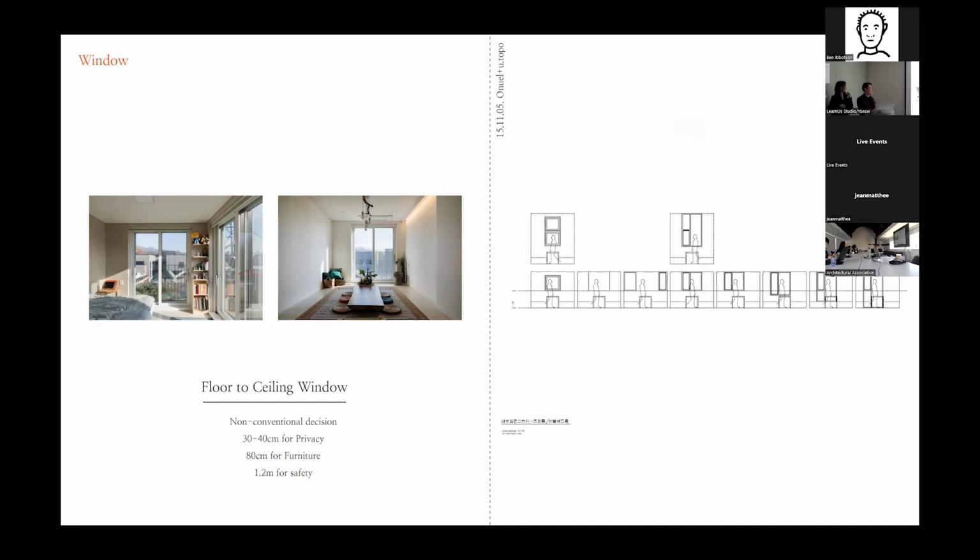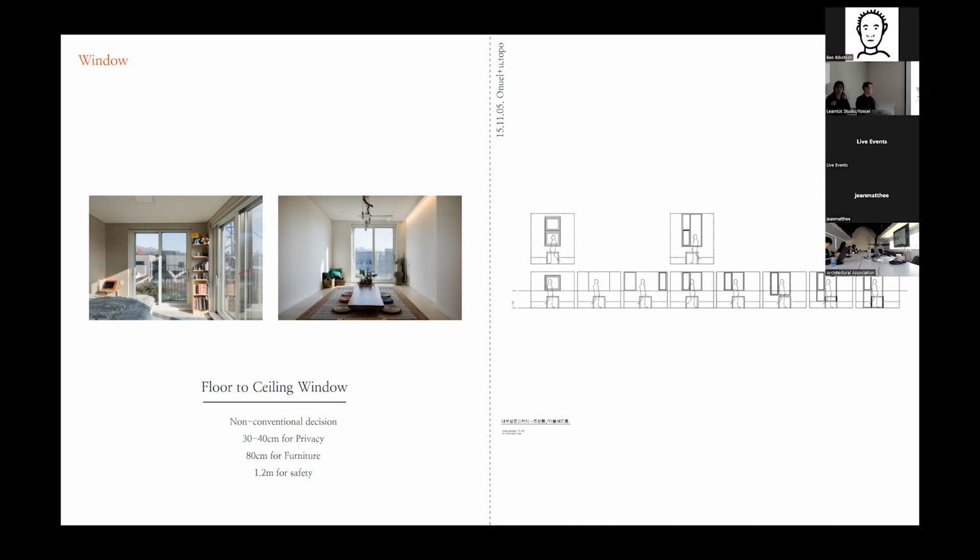And after that, actually it was around November time, we moved to the studies of the window because we decided the bedroom, as you remember, and what kind of window could be for each room or the communal space. And it is not really usual to apply this floor to ceiling window to every room.